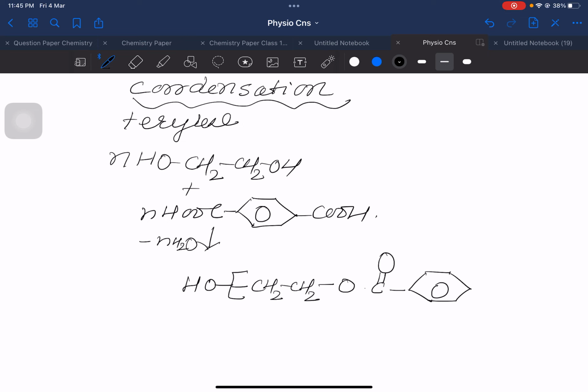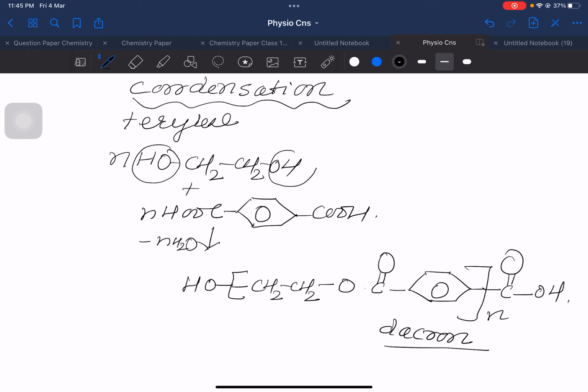This is OH. Its name is terylene or dacron. This is a condensation reaction, and in this reaction an alcoholic OH group from ethylene glycol condenses with the carboxylic group in terephthalic acid by eliminating a water molecule.